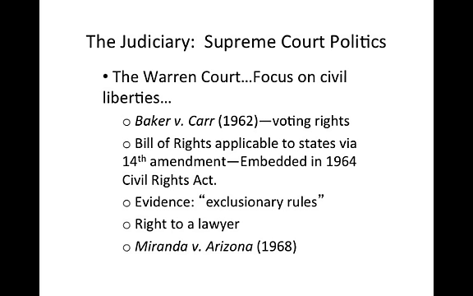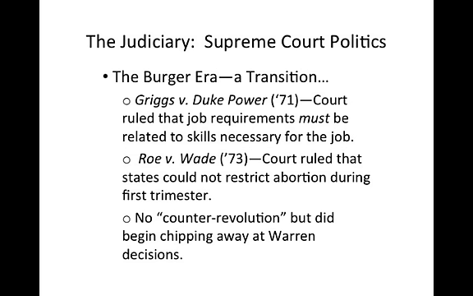Now, the Warren era was followed by the court under Chief Justice Warren Burger. And the Burger Court really followed the drift of the Warren Court, although it did qualify a few of the earlier court's perceived excesses. And a couple of the noteworthy cases here involved the Griggs case from 1971, which ruled that any employment test given by a company or an organization really had to be demonstrably related to the required job skills in question.